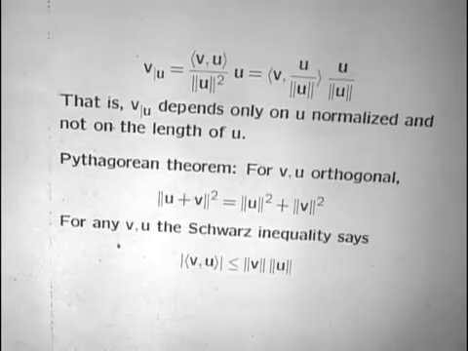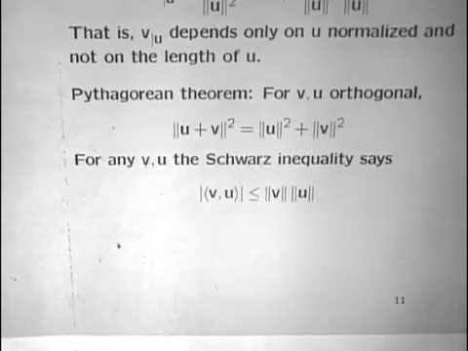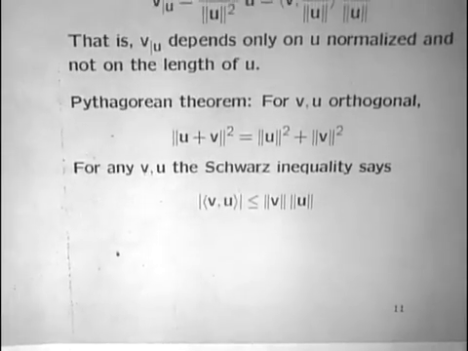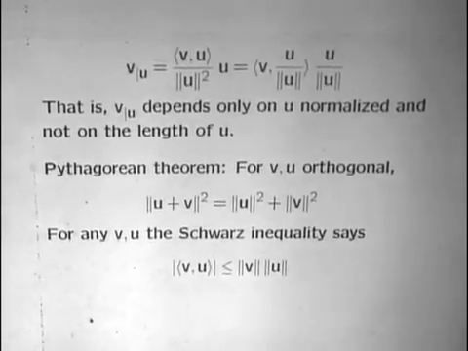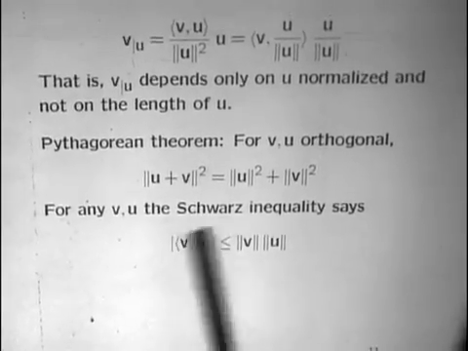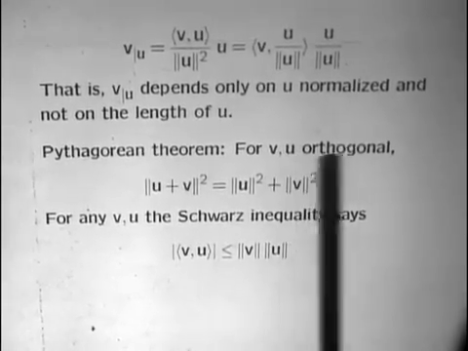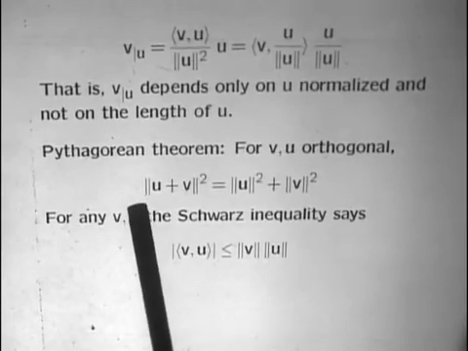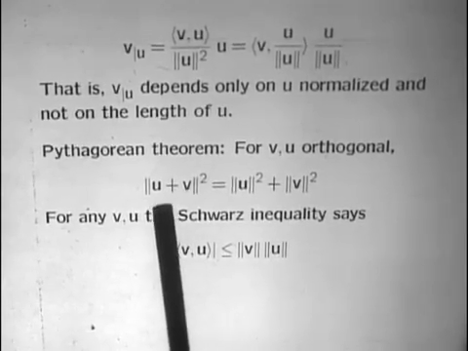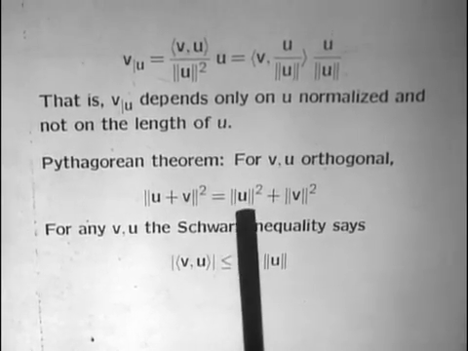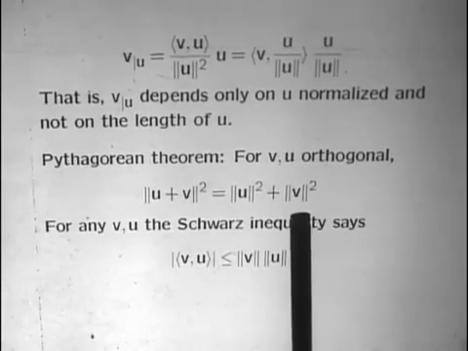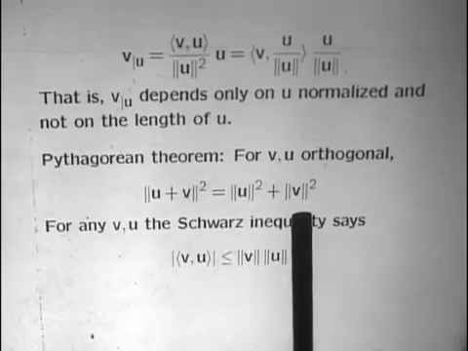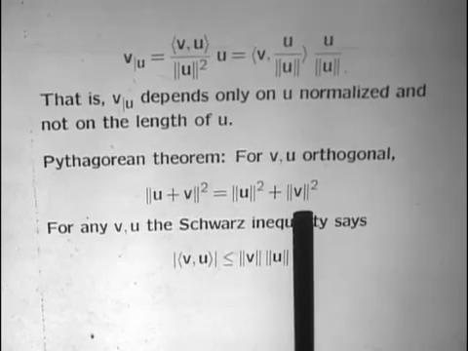Okay, the Pythagorean theorem, which doesn't follow from this, it's something else, but it's simple. And in fact, we can do it right away. It says if V and U are orthogonal, then the norm squared of U plus V is equal to the norm squared of U plus the norm squared of V. This is something you use geometrically all the time, and you're familiar with it.